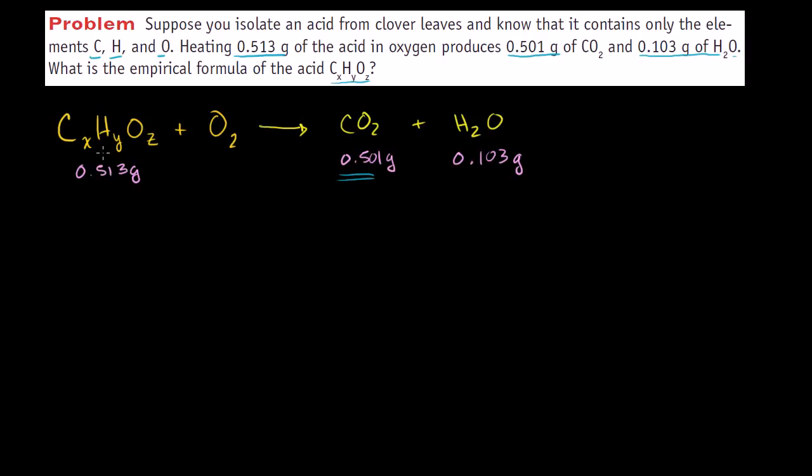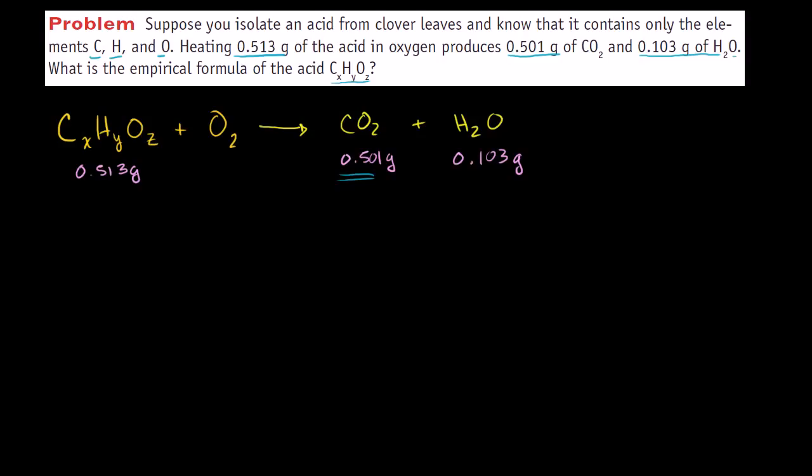And then we can figure out the mass of carbon and hydrogen out of this 0.513 grams. We'll know how many moles of carbon and how many moles of hydrogen we started off with, so we'll know their mass, and then we'll be able to figure out how many grams of oxygen we must have had in our original substance. And then we can figure out the moles from there, and then figure out the ratios.